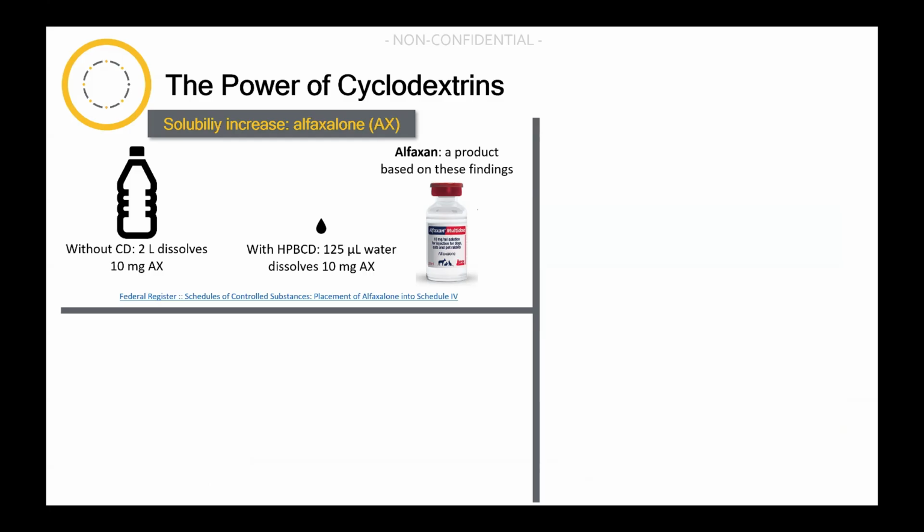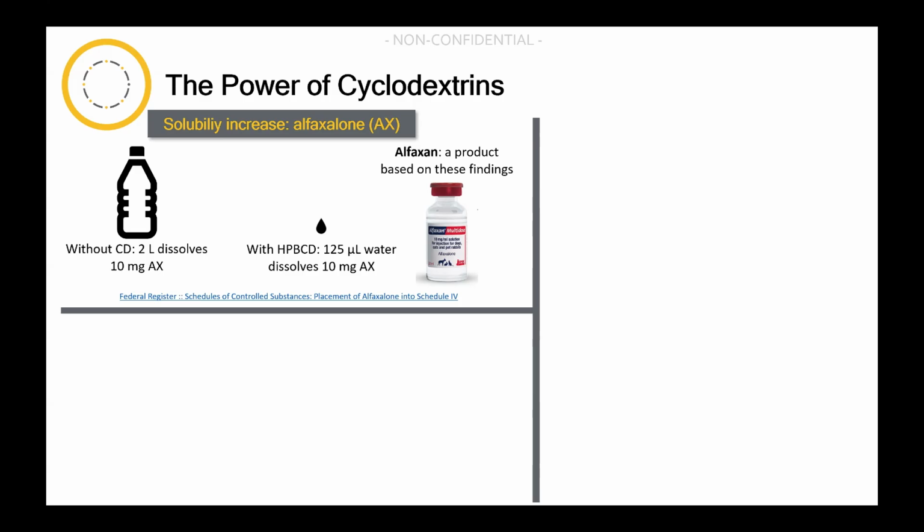So alfaxalone is an API that is used in a 10 milligram per ml solution, but 10 milligram of alfaxalone can only be dissolved in 2 liters of pure water.